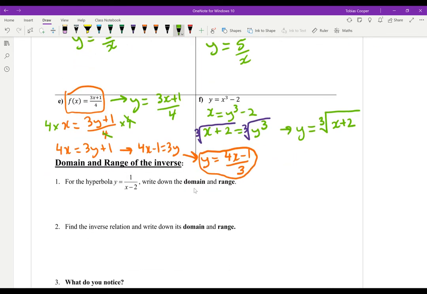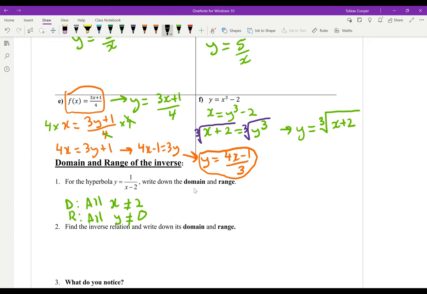All right, now what about the domain and range? Let's have a look at this hyperbola here. The domain will be all x not equal to 2, and the range will be all y not equal to 0. Now let's find the domain and range of the inverse.